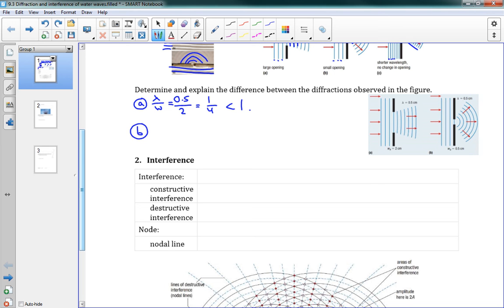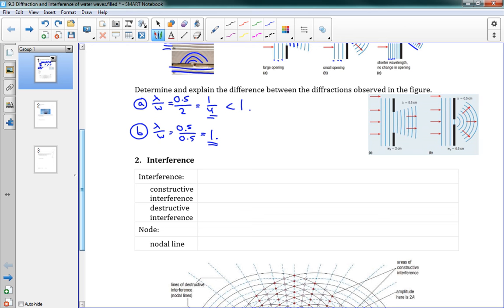And B, if we look at this, we've got lambda over W, it's 0.5 over 0.5, which is equal to 1. So remember we said that for diffraction to really happen, the ratio lambda over W must be at least 1.